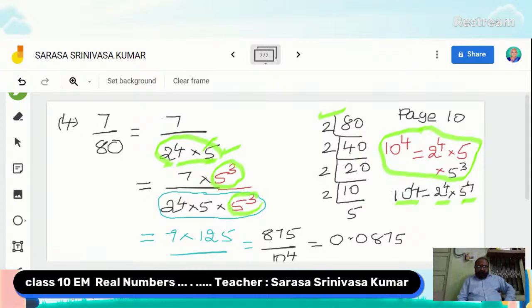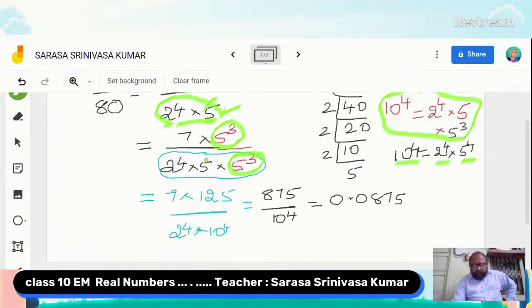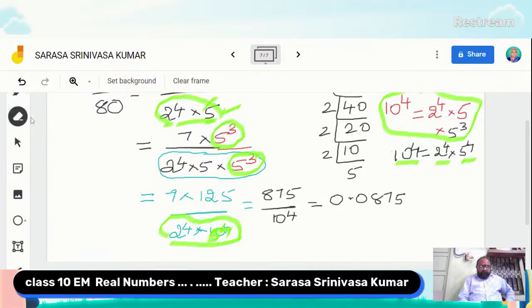You just observe this. I divided and multiplied both numerator and denominator by 5 power 3. So then I got the form 2 power 4 multiplied by 5 power 4.